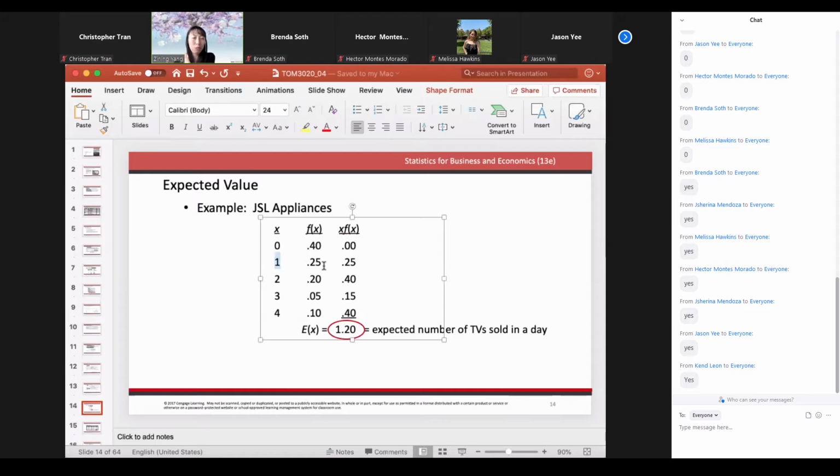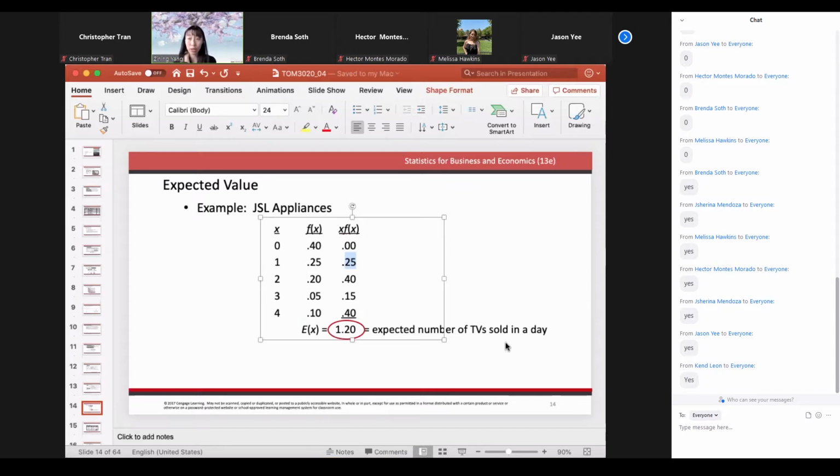Then 1 times 0.25, the product is 0.25. 2 times 0.2, it equals 0.4. Then 3 times 0.05, we got 0.15. And finally, 4 times 0.1, we got 0.4. So the expected value is 1.2, which again is the mean, right?